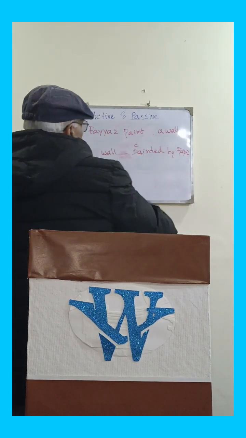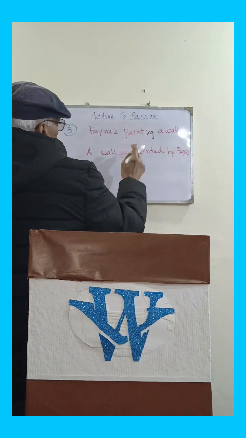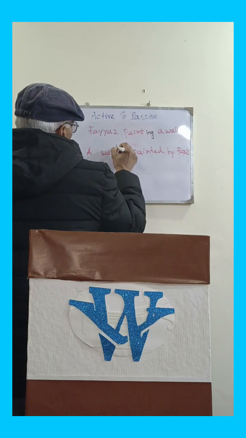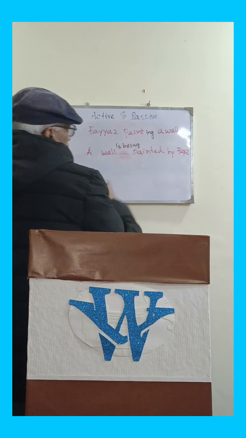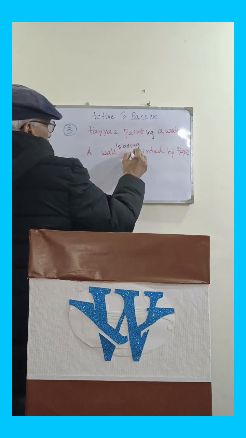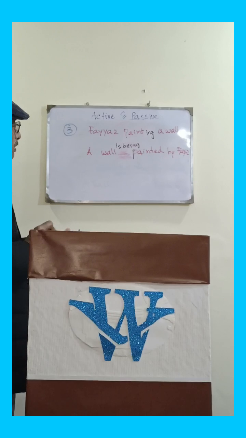Fayaz is painting a wall. Painting a wall. So it will be a wall is being painted. The rest is the same. Only this auxiliary will keep on changing, right?